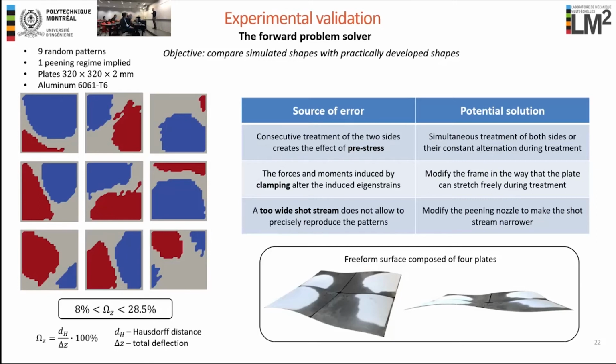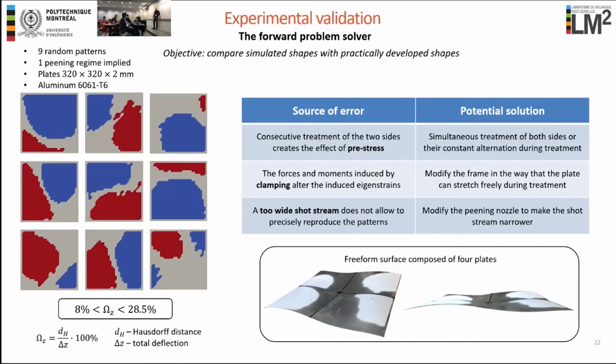In fact, each pattern implied only one peening regime, but the peening regime was applied from both sides. And the objective of this validation was to compare the simulated results with the practically achieved shapes.